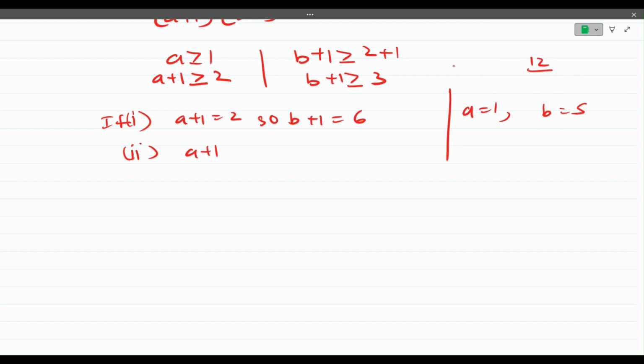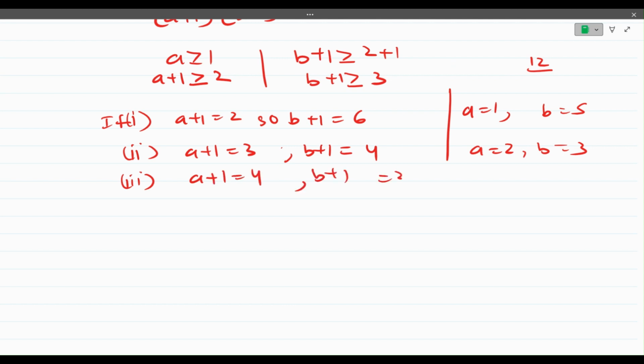That's 3. In that case, b plus 1 will be 4, because the product is 12. In that case, a will be 2 and b will be 3. It is also possible that a plus 1 is equal to 4. In that case, b plus 1 will be 3, and so a will be 3 and b will be 2, right? Okay, so these are the possibilities.